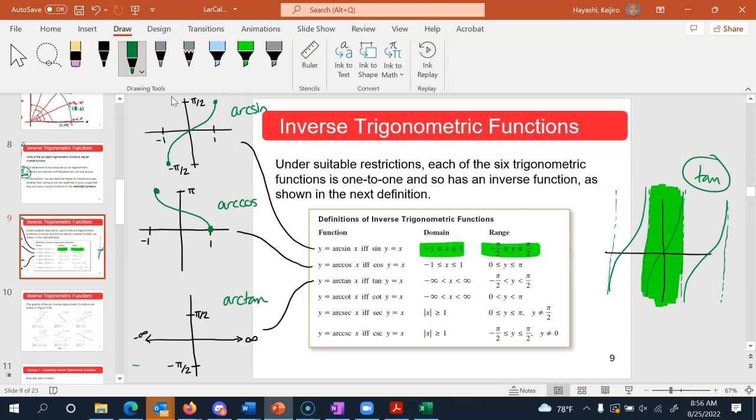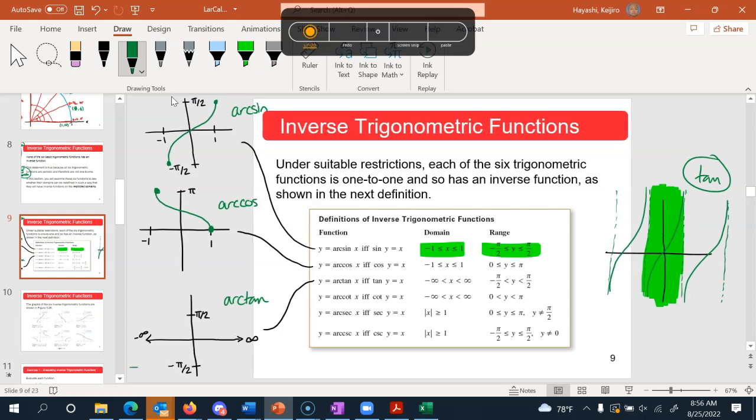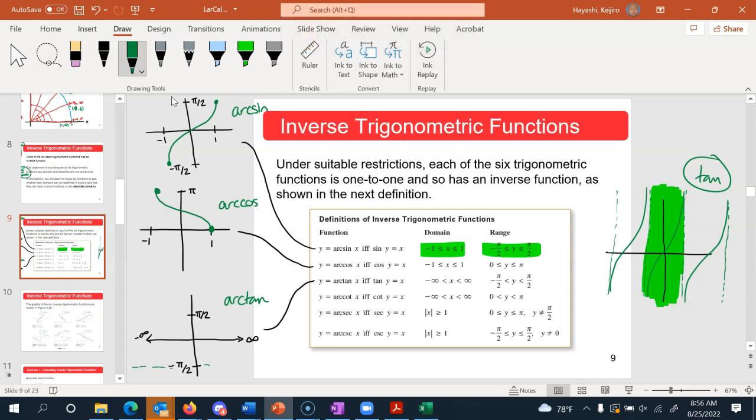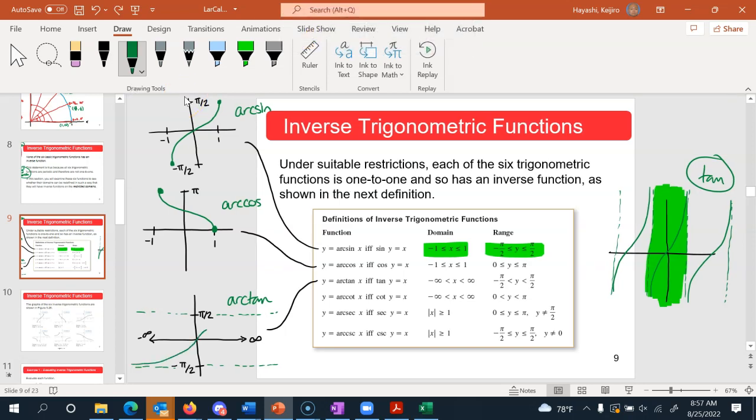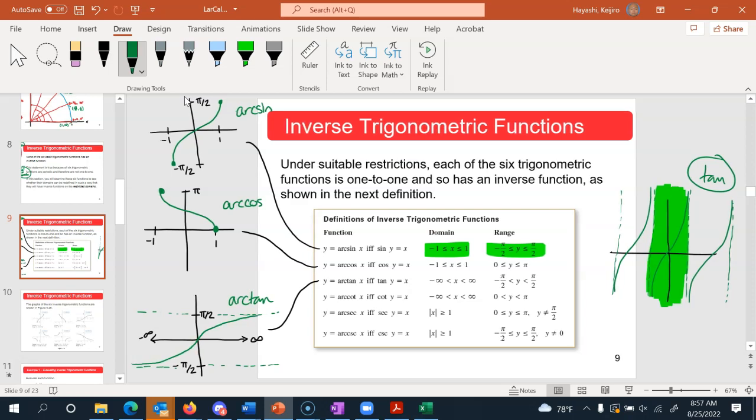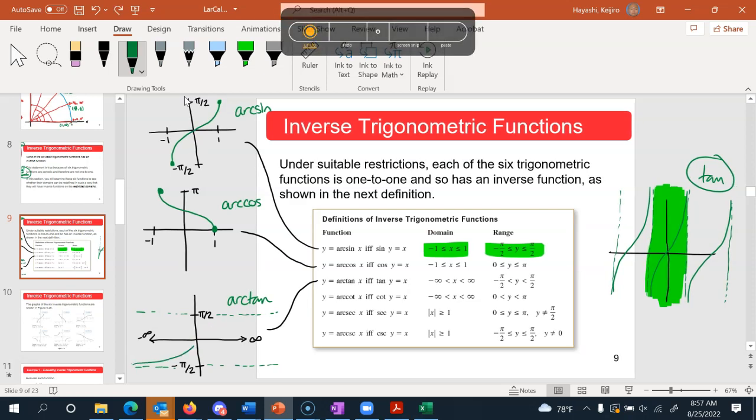And so instead of vertical asymptotes like for the original, we're actually going to have horizontal asymptotes at negative pi over 2 and pi over 2. And the way that's going to be shaped is kind of like this. So that's just like if you took that middle branch and flipped it over.